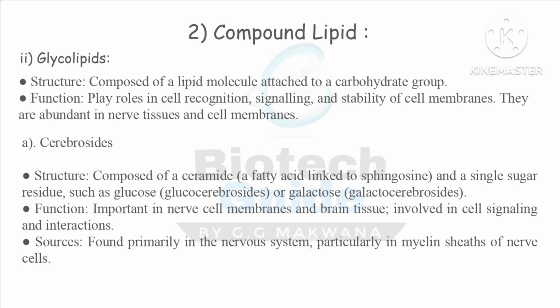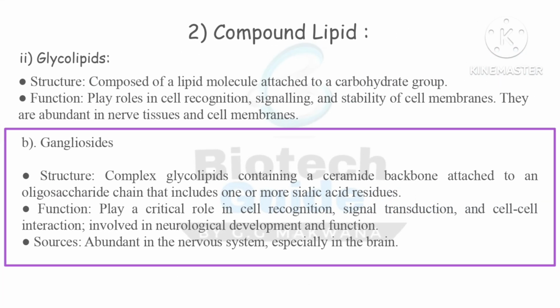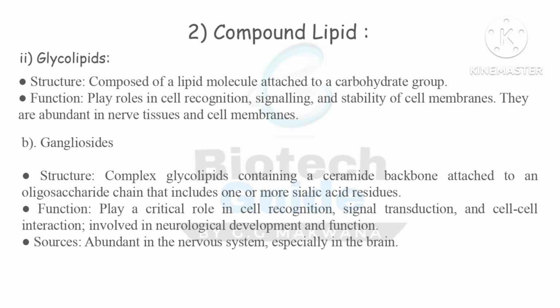Then the second subtype of glycolipid is gangliosides. Structure is mainly a complex glycolipid containing a ceramide backbone attached to oligosaccharides. What's the main difference?